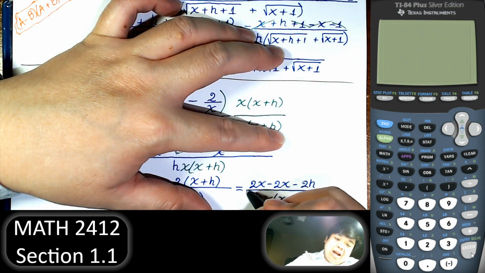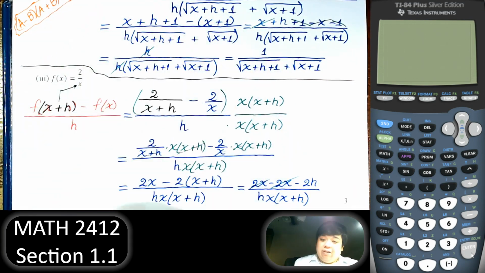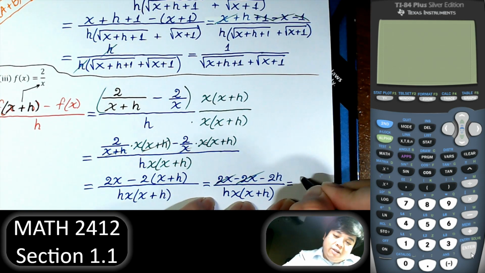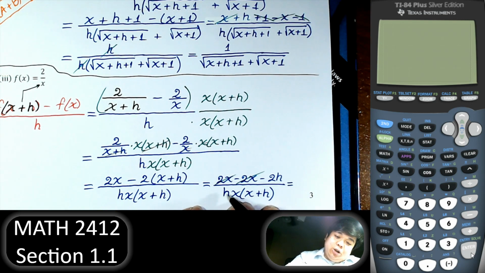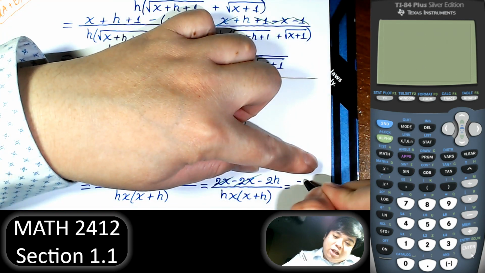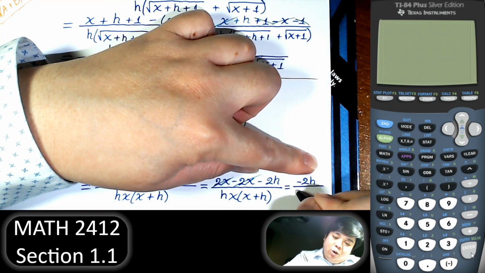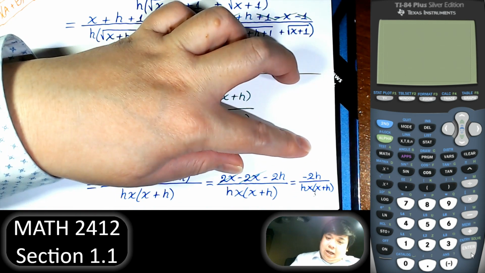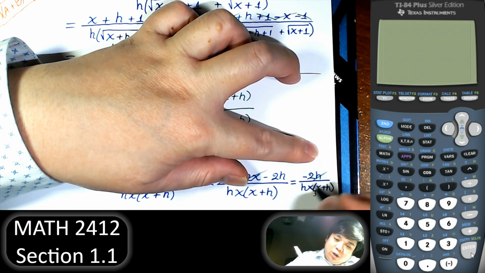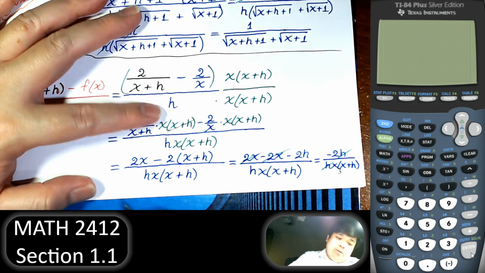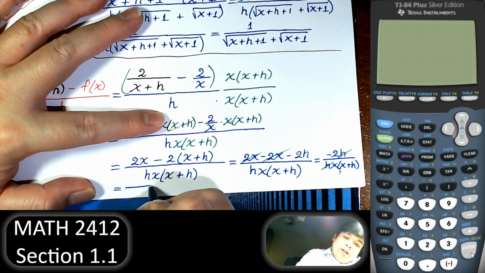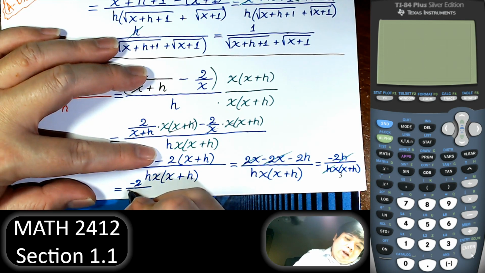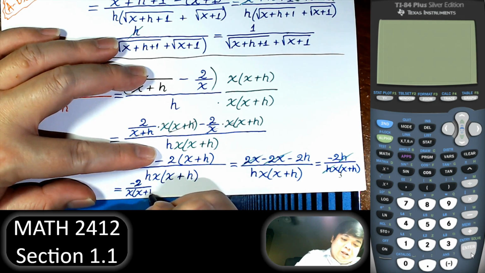And the usual step, cancel the terms that do not have h. So we just have negative 2h, and then the h and the h, let's just write one more step, 2h over hx, x plus h, and then we can cancel out an h. So we just have negative 2 on the top, and at the bottom we have x plus h.